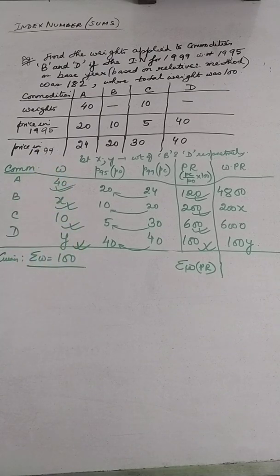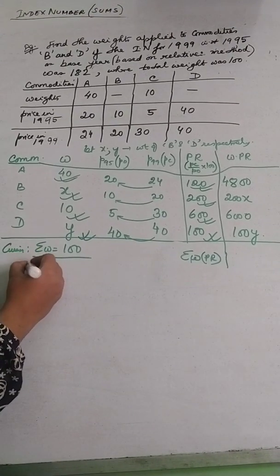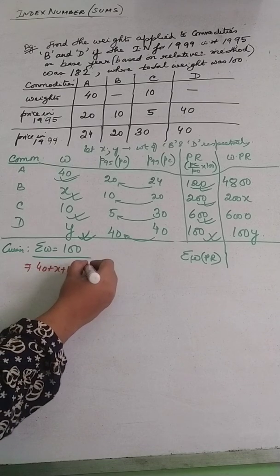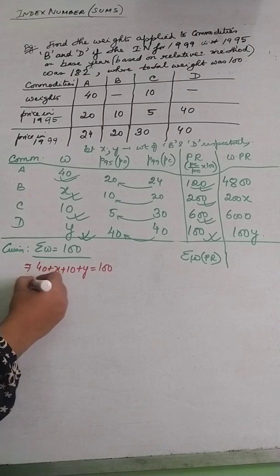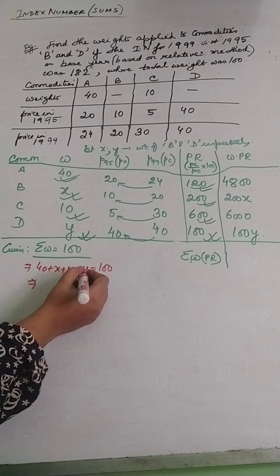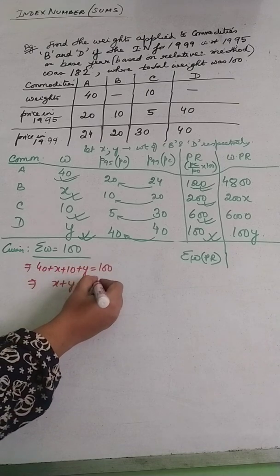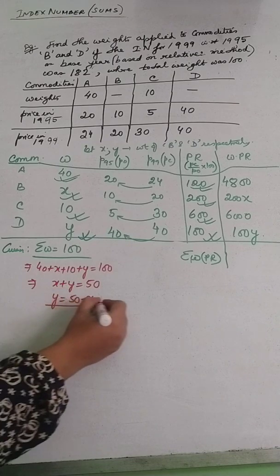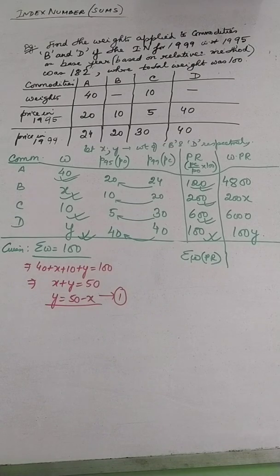So 40 plus X plus 10 plus Y is your 100. 40 plus 10 is 50, so X plus Y is becoming 50, or you can write Y as 50 minus X. So this is one equation involving X and Y.